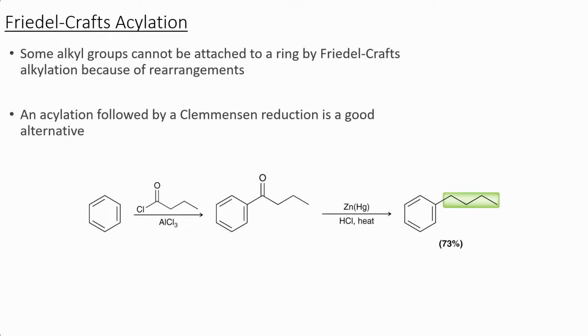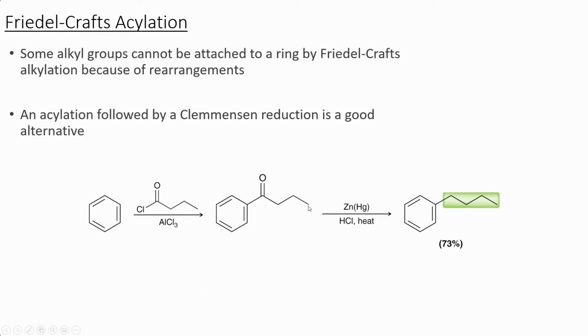Now, if you remember before, we discussed how alkylation with a primary alkyl halide was quite difficult because it had the ability to rearrange. One way that we can avoid that, a way that we can create primary substituted carbon-carbon bonds with a benzene ring, is to begin by using a Friedel-Crafts acylation.